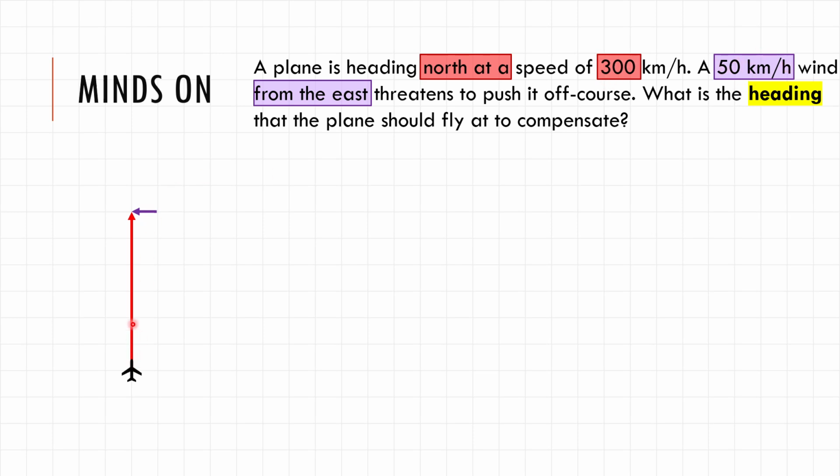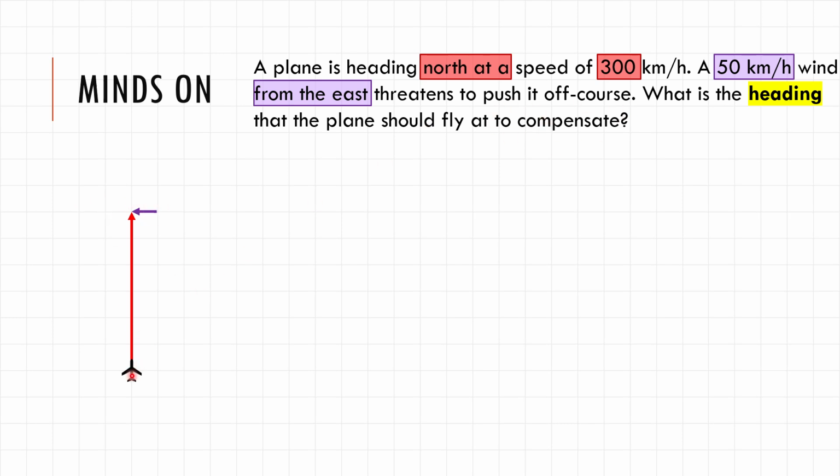So this is like the speed of the airplane. We might call that a vector. And over here is another vector. It's a much less powerful vector. This is the wind coming from the east. Now, obviously, this wind is going to push the plane off course. And we have to figure out, well, what is the heading that the plane should fly at in order to compensate for this wind pushing it off its course?